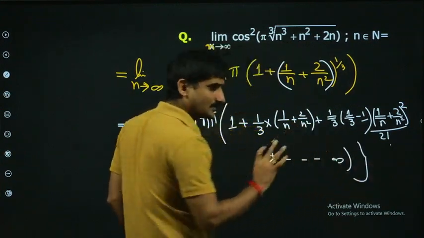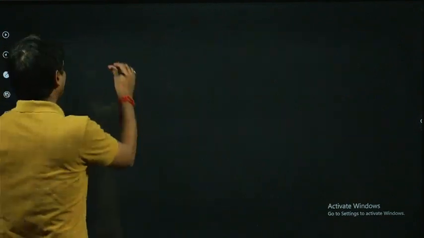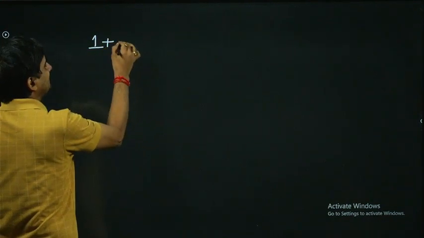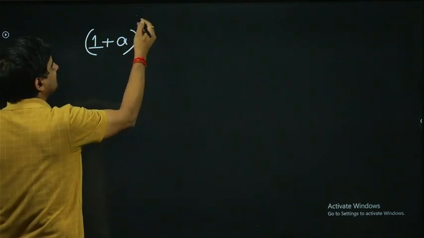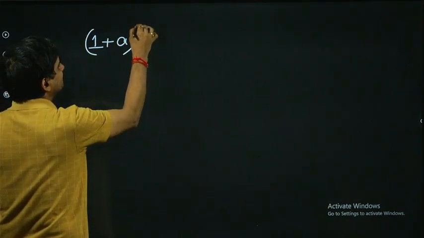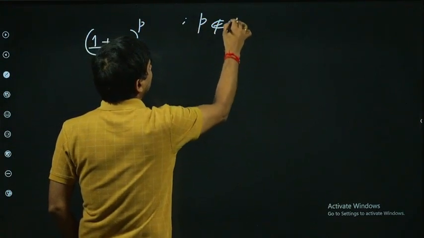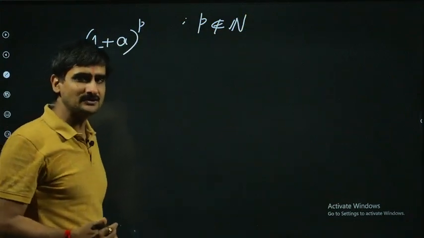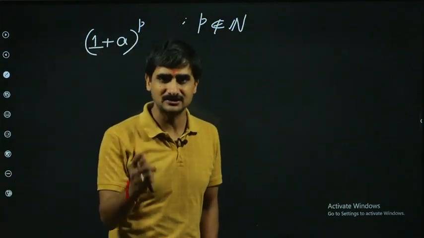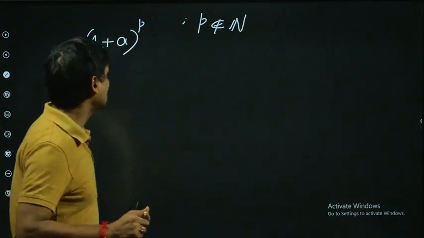Okay, that's the result. So see, if I write for you the formula for any index raised to the power maybe, which is p. Of course, this formula works when p is not a natural number. It can be a negative integer, it can be a rational fraction number. It should not be a natural number.